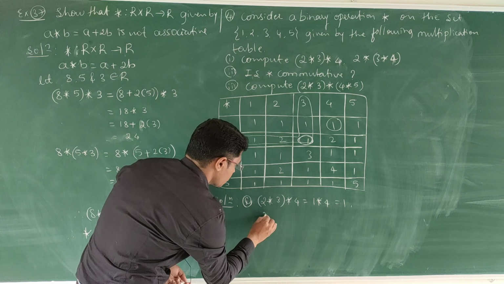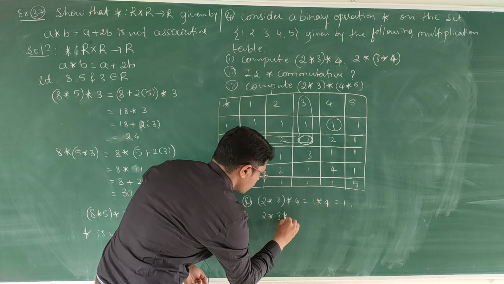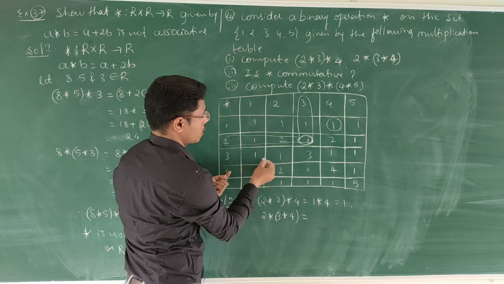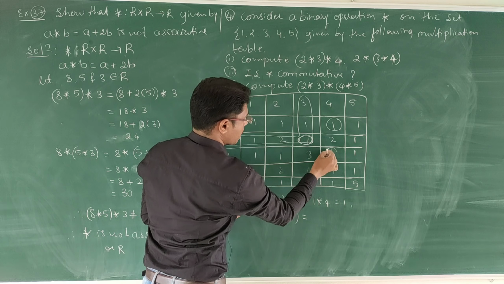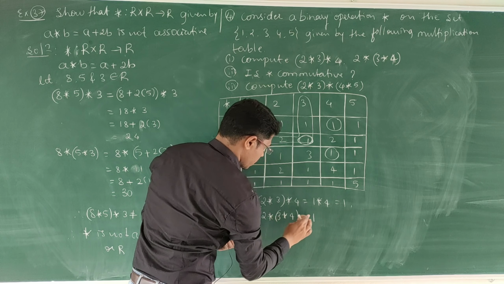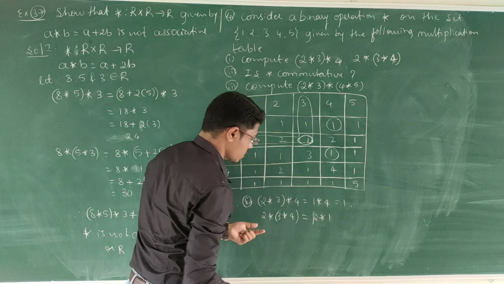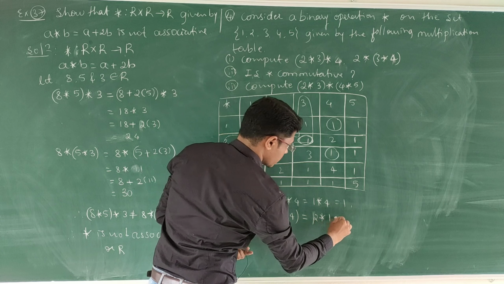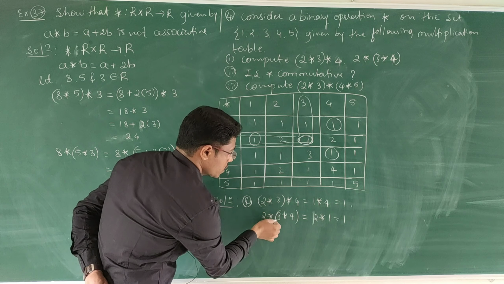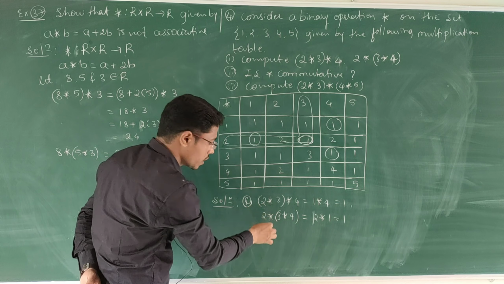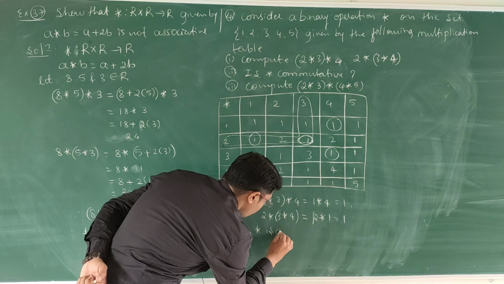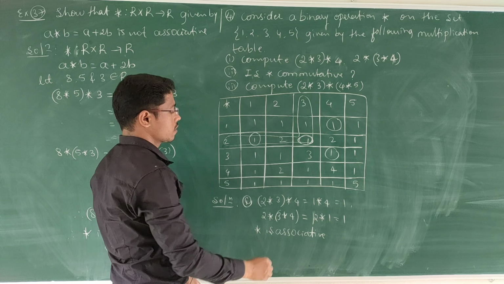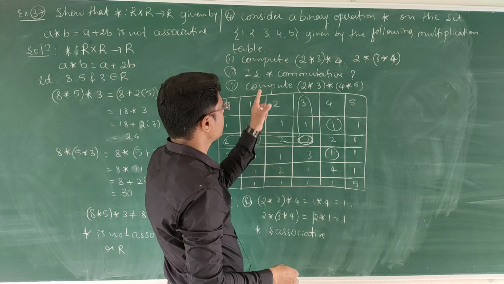First we need to solve the bracket 3 star 4, which is 1, then 2 star 1 is equal to 1. Therefore from these two we can conclude that star is associative. Next, is star commutative?